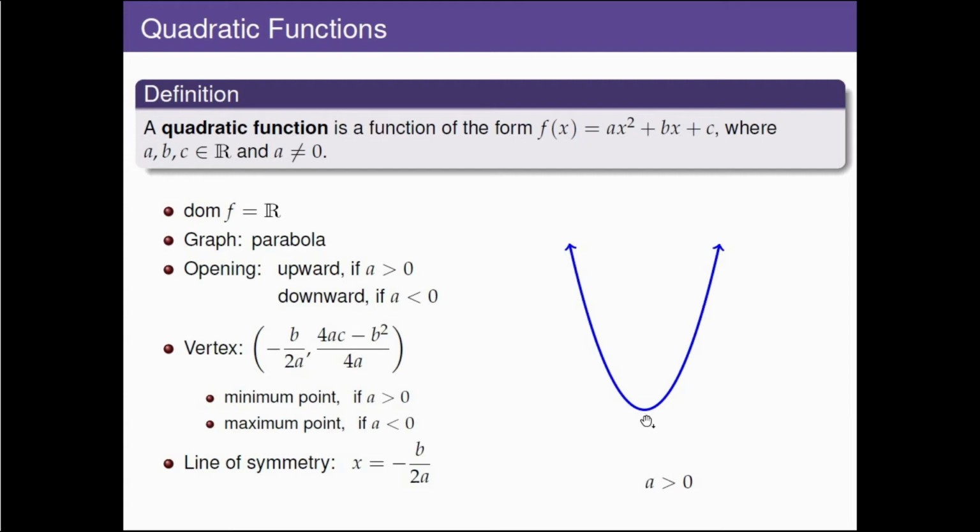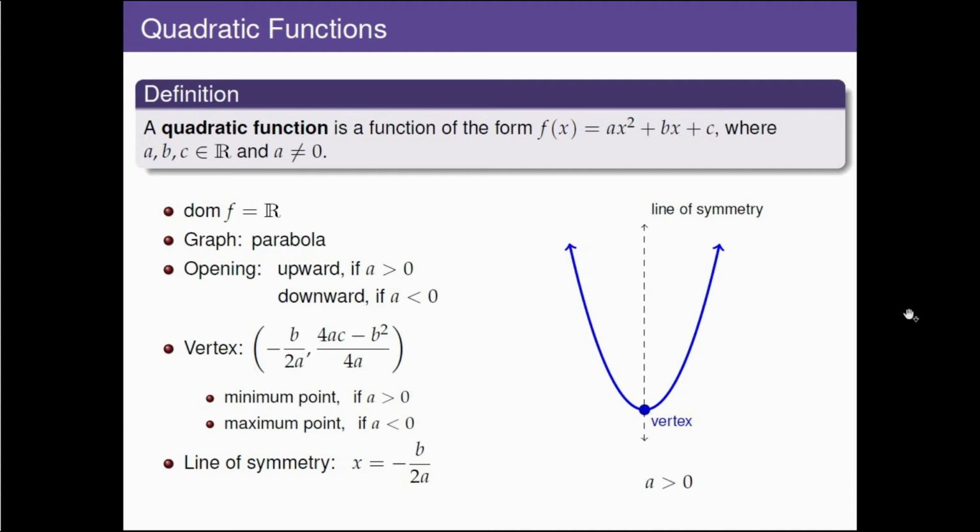It opens upward. The vertex is a minimum point, and this is the line of symmetry. Notice that the points to the right of the line of symmetry will just be the mirror image of the points on the left.